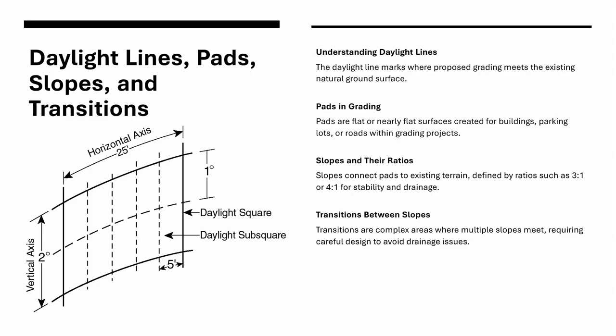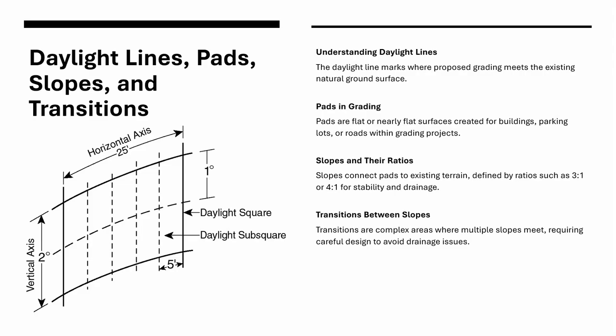And then we have pads, slopes, and transitions. Within our grading group, these different objects work together. Pads are flat or nearly flat surfaces for buildings, parking lots, and roads. Slopes are graded connections from our pads to our existing terrain, defined by ratios like 3:1 or 4:1, horizontal to vertical.